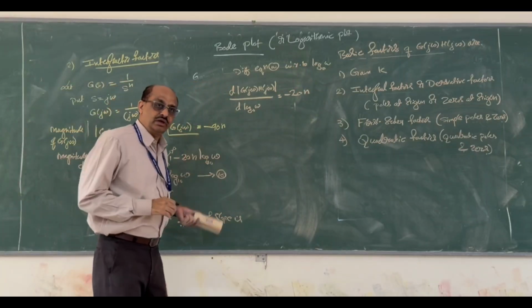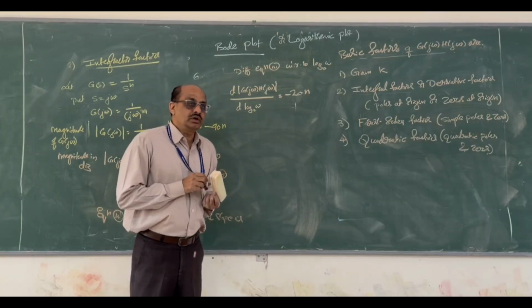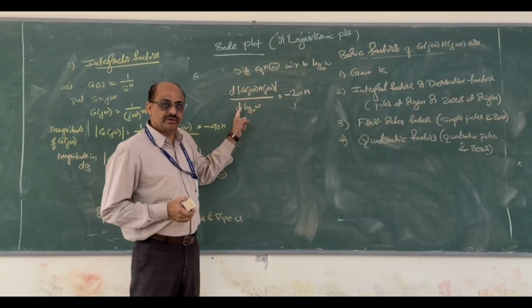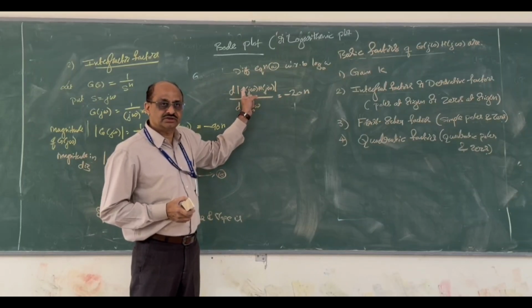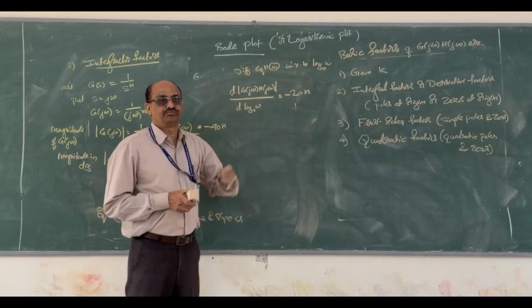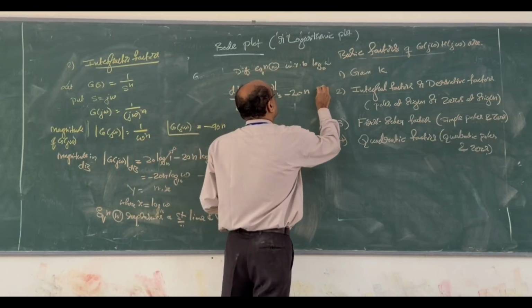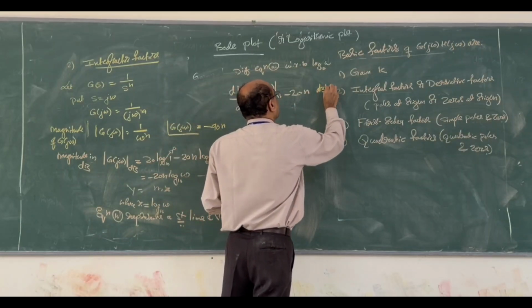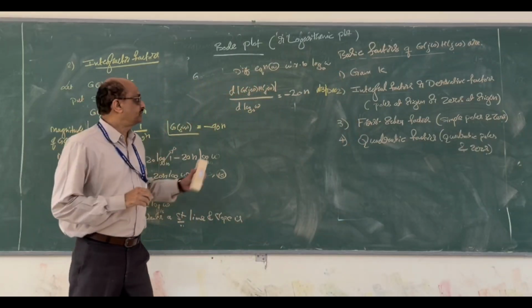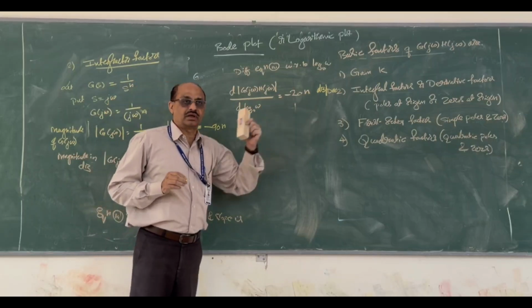What is the unit of this? It is change in gain in dB divided by change in frequency, so the unit is dB per decade. The slope of the line is minus 20n dB per decade.